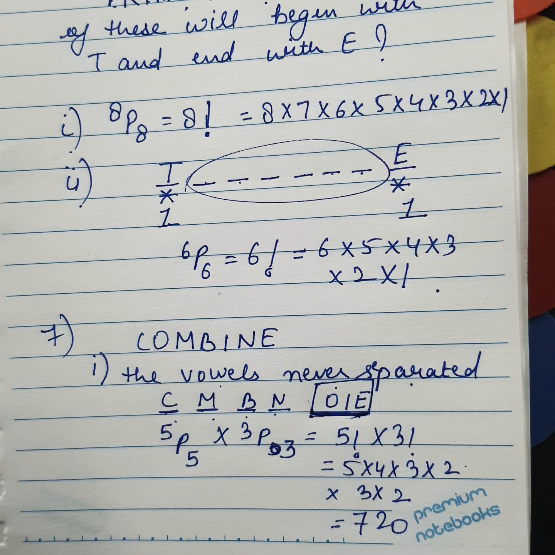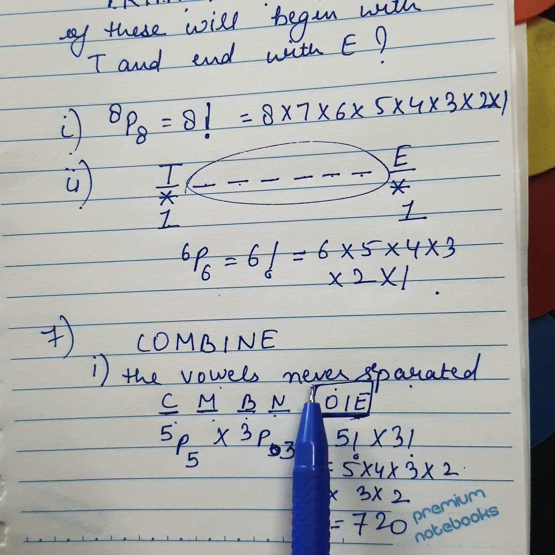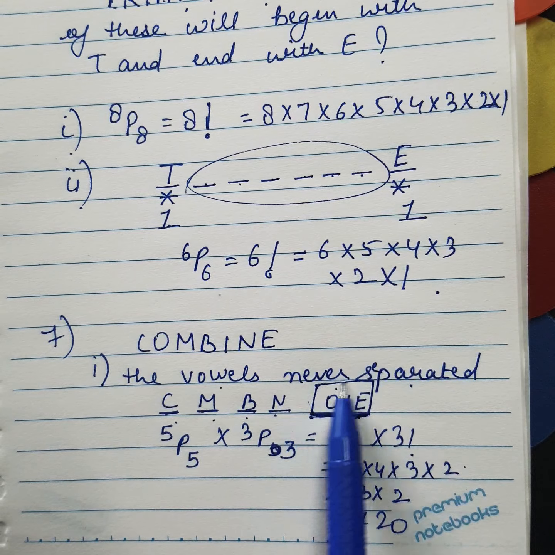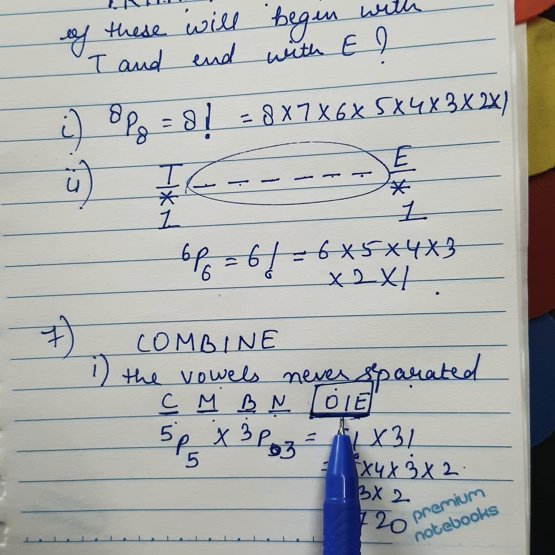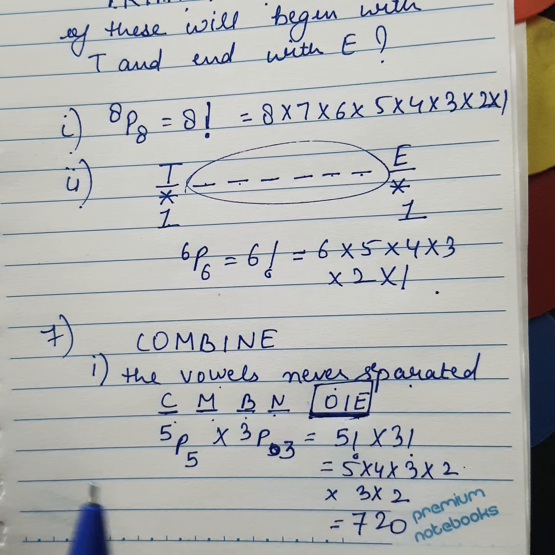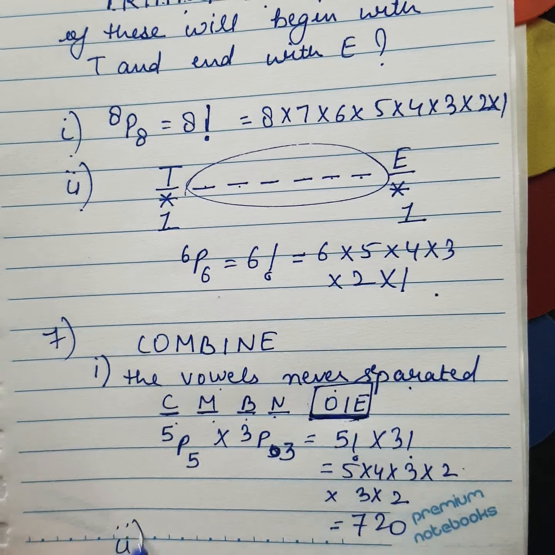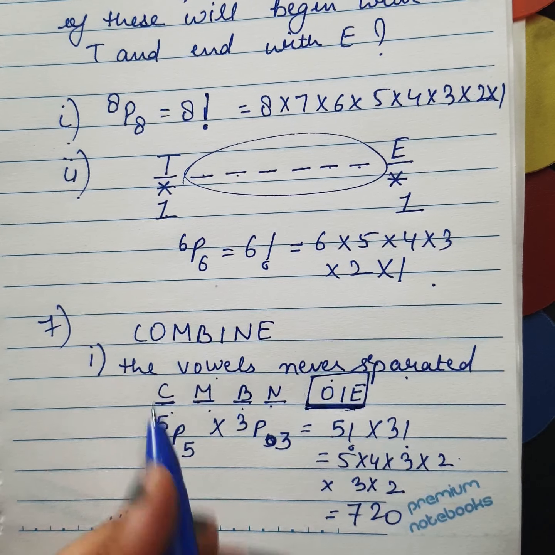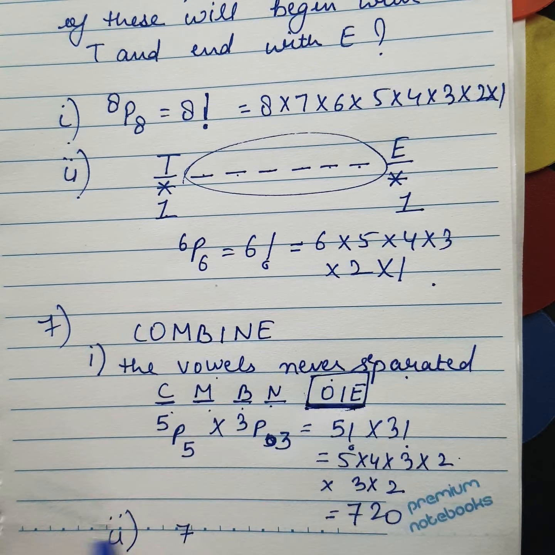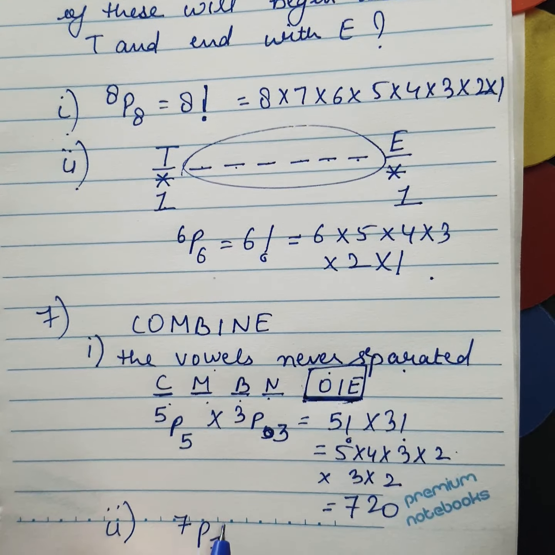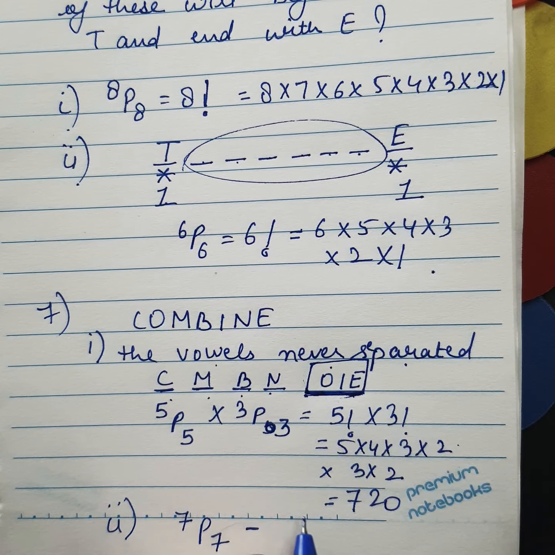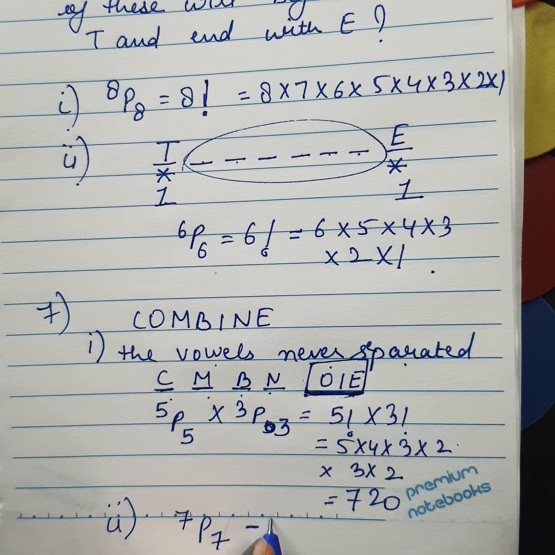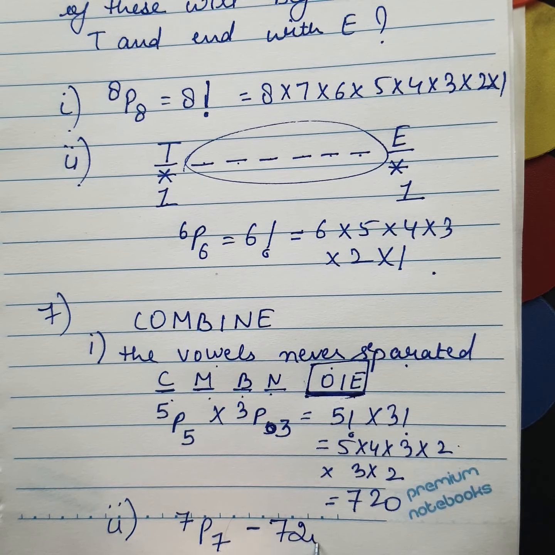Now the second part: all vowels never come together. This was the case where the vowels are never separated, that means all the vowels are together. In the second part, the vowels are not all together. So in the second part, if I find the total combinations, which is 7 places, 7P7, minus whenever they are together, 720.